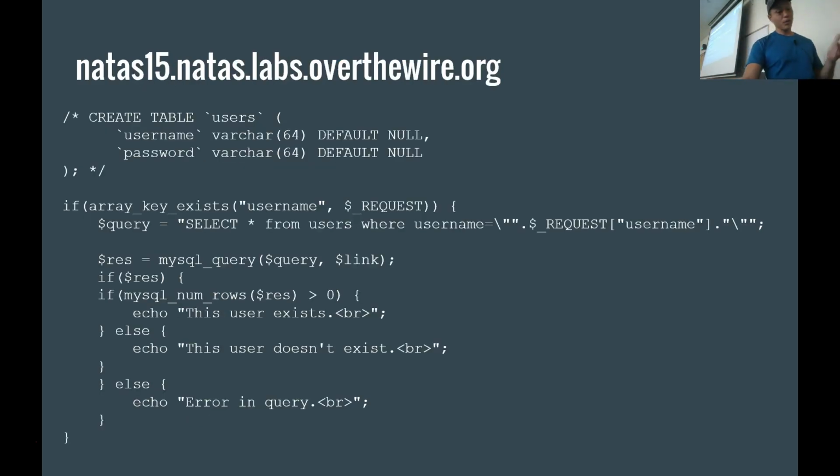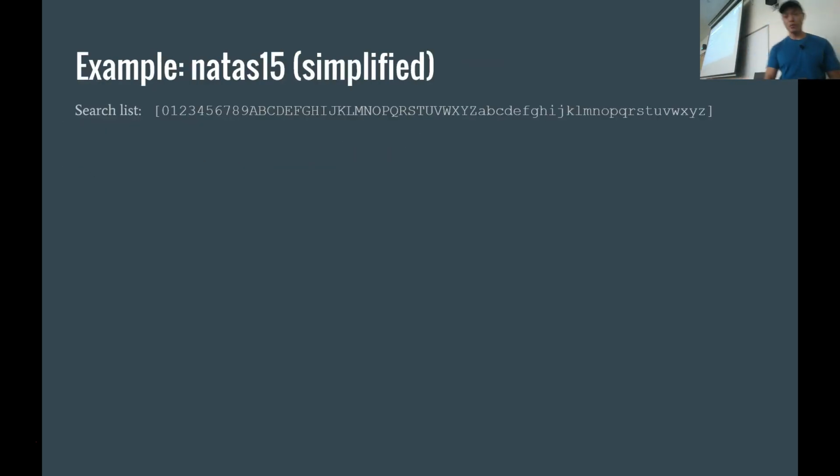Okay, and I wish this worked so I could show it to you as a demo, but this is what we're going to do. We are interested in natas16's password. The password will be, just for simplicity, the digits 0 through 9, the capital letters, and the lowercase letters.